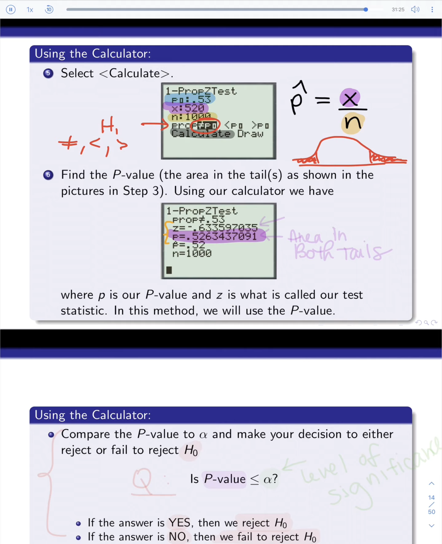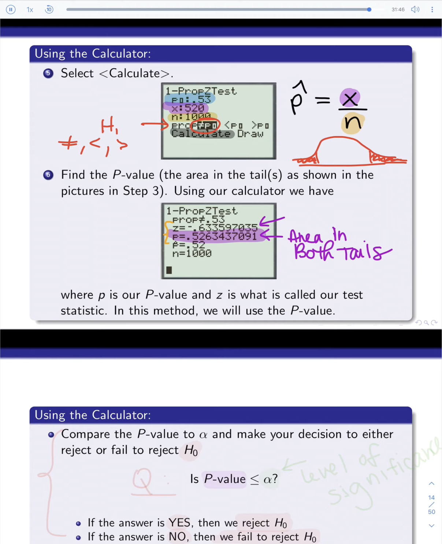You do need to understand that the p-value is the area already added up in this one because the not equal to is in both tails. And how is it the area in both tails? It's the area in both tails created by that Z value that's right on top of it.